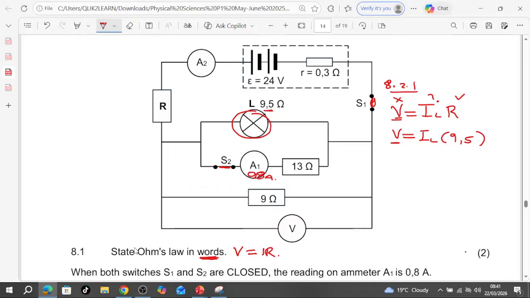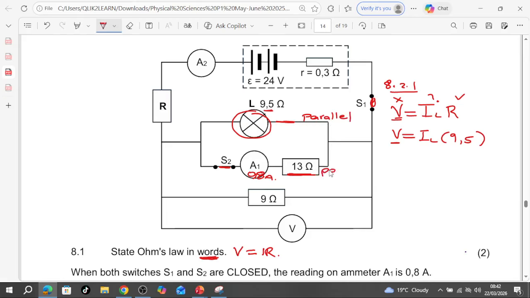What I need you to keep in mind is that I'm going to use the parallel idea, because this 13 resistor and the light bulb are connected in parallel.